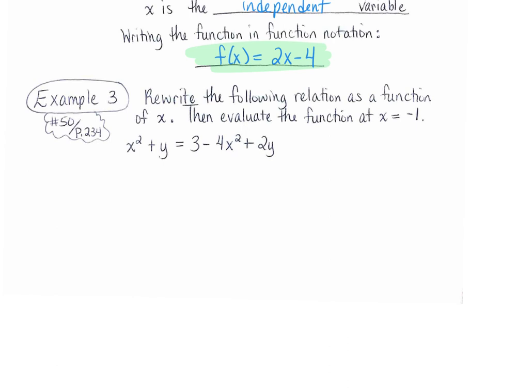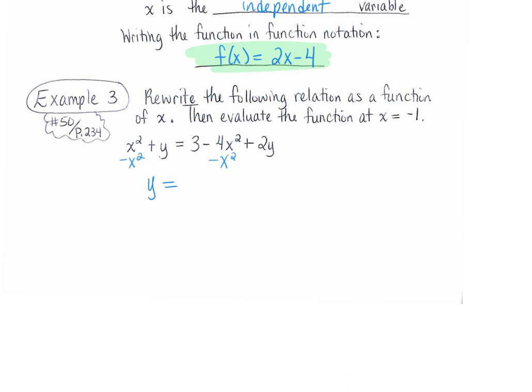So here, let's combine like terms. What do you want to do first? Move the x squared over? Okay, so let's subtract x squared from both sides to get y equals what?